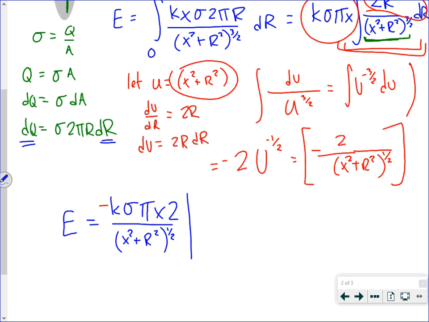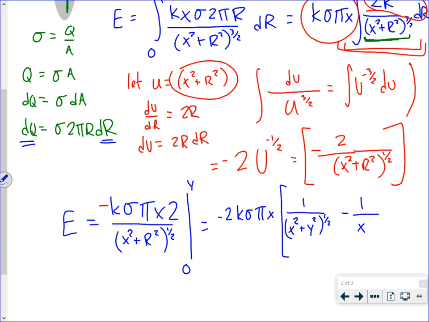And remember, we still have to evaluate from 0 to our capital Y. So this goes negative k, got a 2 in front, negative 2 with an x times 1 over x squared plus y squared to the 1/2 minus 1 over x squared, well, because the r is now 0, x squared to the 1/2 is x.